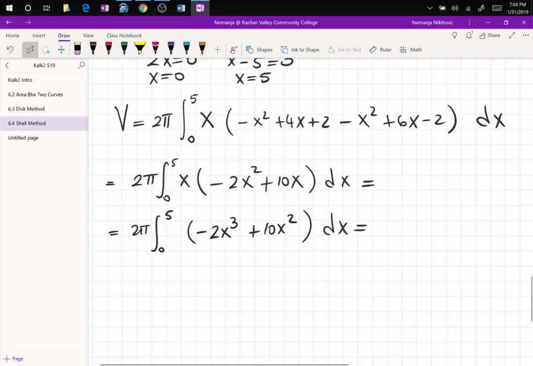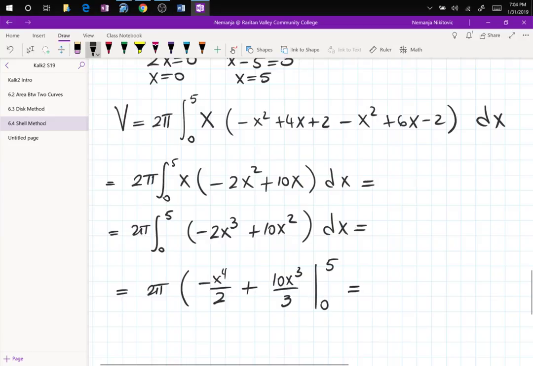Now, 2 pi, this is x over 4, so it will be negative x to the 4 over 2, because it cancels with the 2 in front, plus 10x cubed over 3, calculated from 0 to 5.